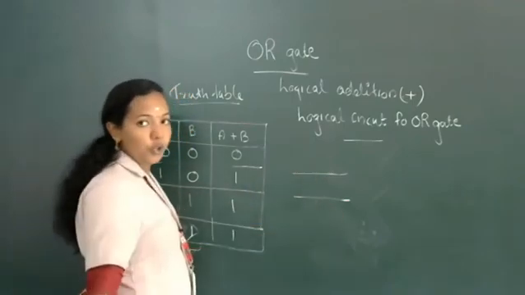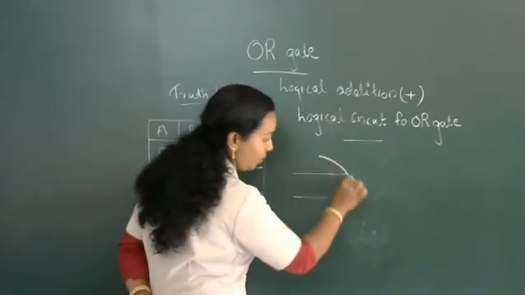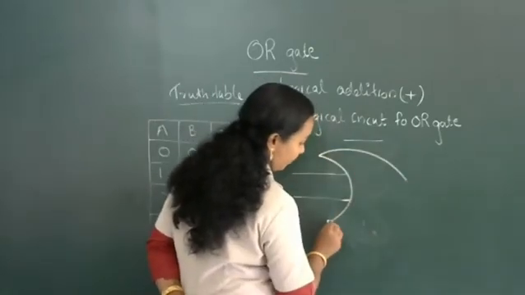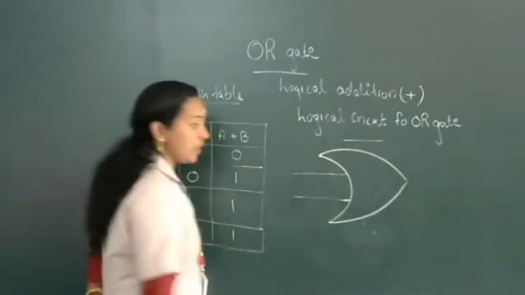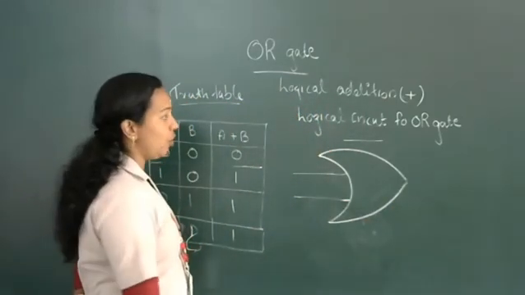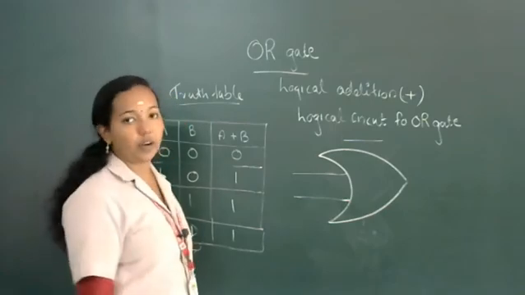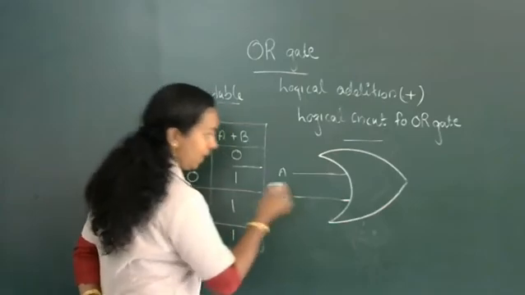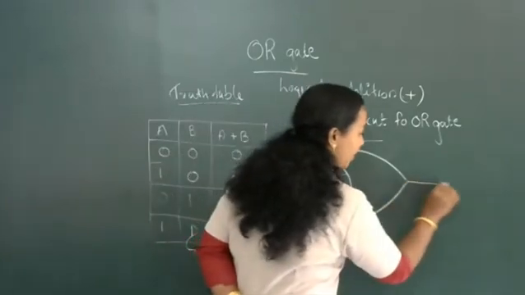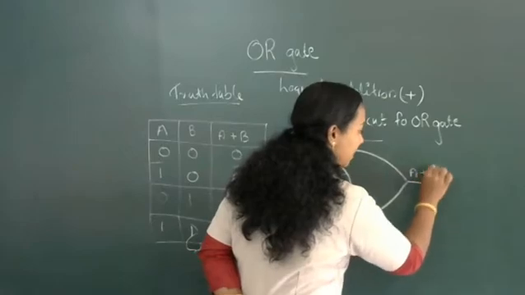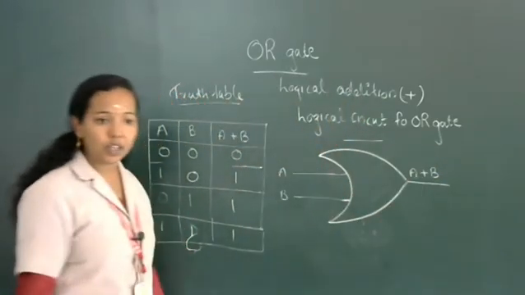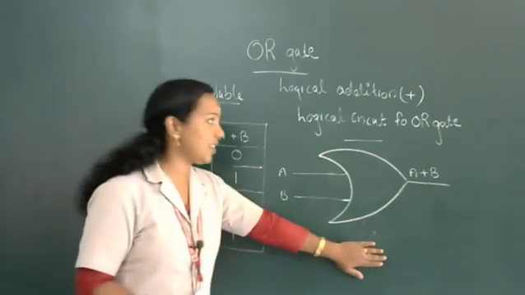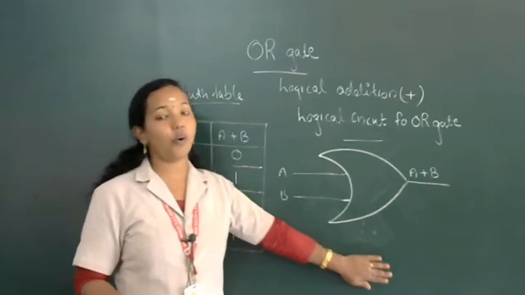First you draw 2 lines, and after that you draw like this. This is the logic circuit for the OR gate. Here I am passing 2 inputs, A and B. After the logical operation we will get A plus B. So this is the truth table for the OR operation and this is the logical circuit for the OR operation.